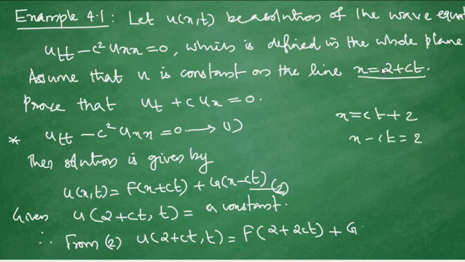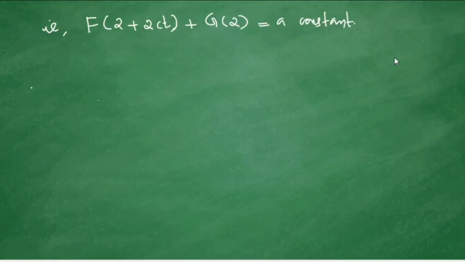So this is equal to g of 2. So this is equal to u of 2 plus ct, t, which is a constant as given. That is, f of 2 plus 2ct plus g of 2 equal to a constant.